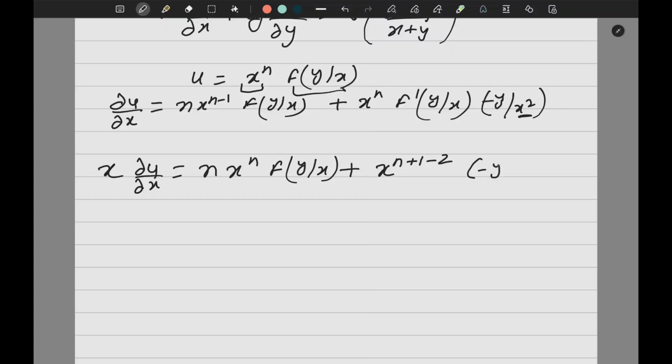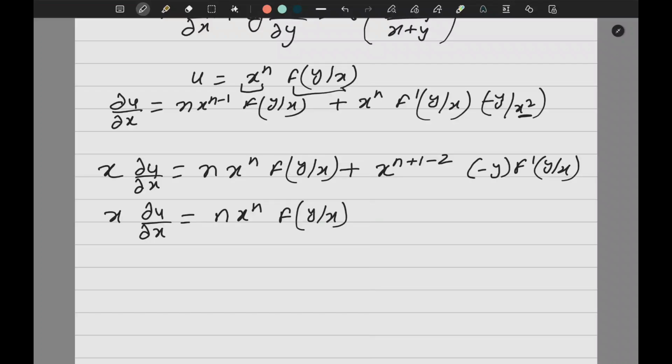And then minus y and then f'(y/x). Now x ∂u/∂x = n xⁿ f(y/x) − xⁿ⁻¹ y f'(y/x). Let it be equation number 1.